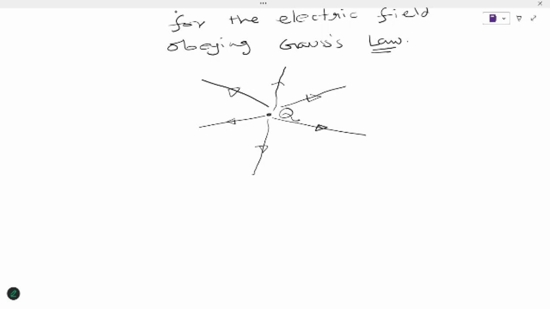So the electric field E of this capital Q is 1 by 4 pi epsilon naught Q by R square, or Q by R square r cap.